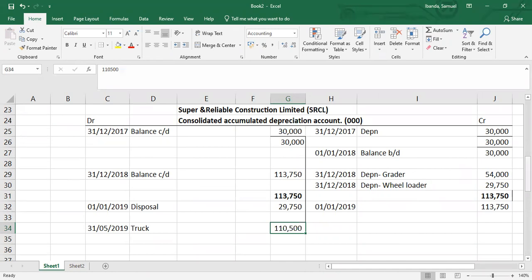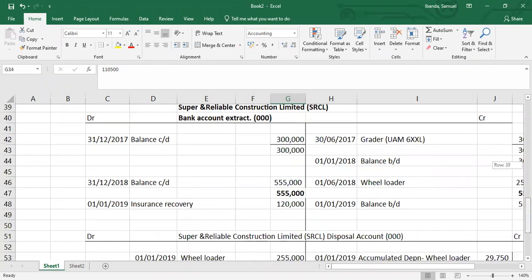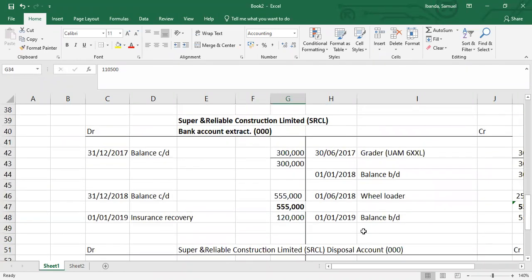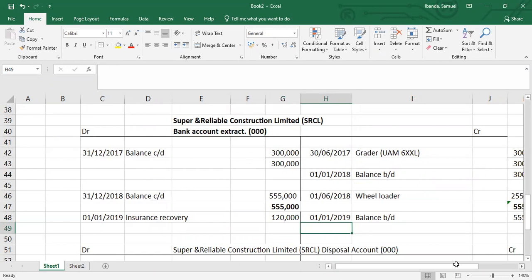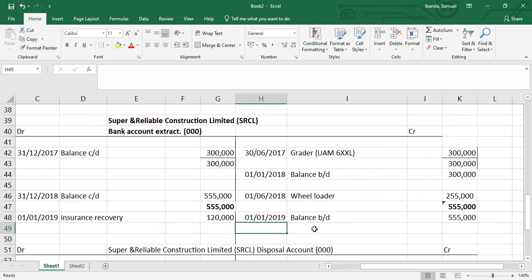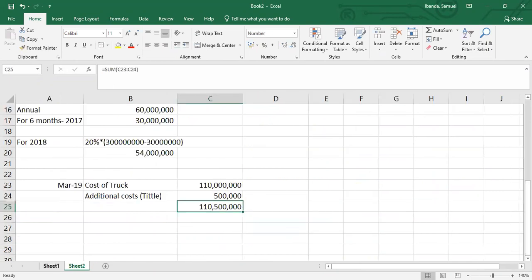So what we shall also do, remember we have a bank account extract. Since this is a purchase, we shall go ahead to recognize it here as well on the credit. But this time we shall only recognize the amount that we incurred, which was 110. Remember, the 500 has not yet been paid.